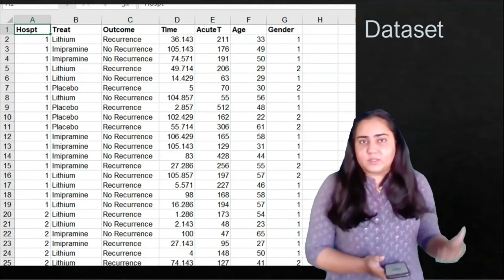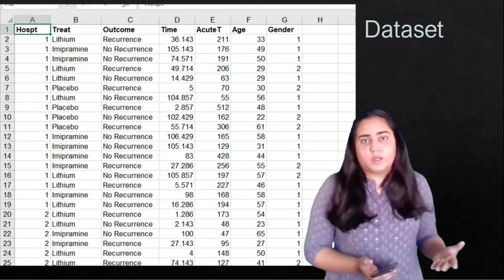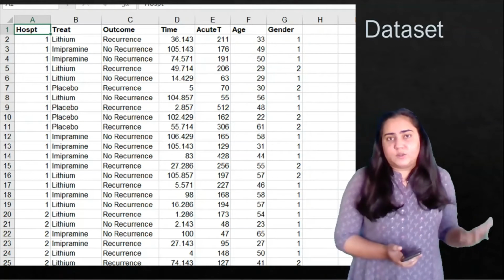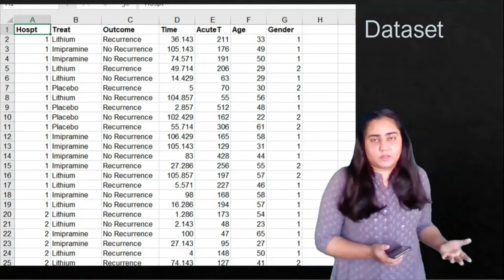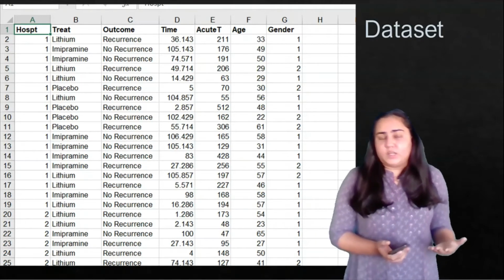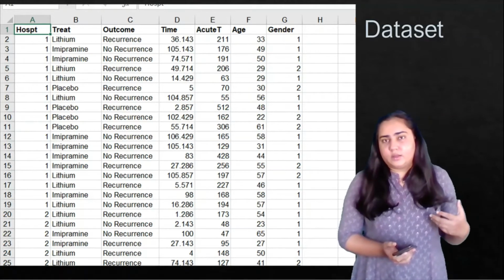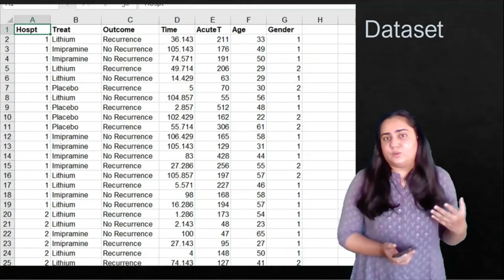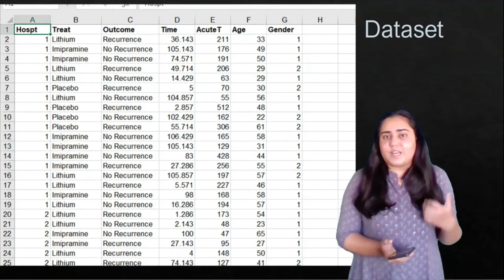And then the time is given for how long they suffered from this type of problem and how acute the problem was. It is also given what was the age of the person who took that medicine, and then the gender is given. In case of gender, we've only given you 1 and 2. It's, however, necessary that you replace those 1 and 2 with male and female, because that's what we understand better.